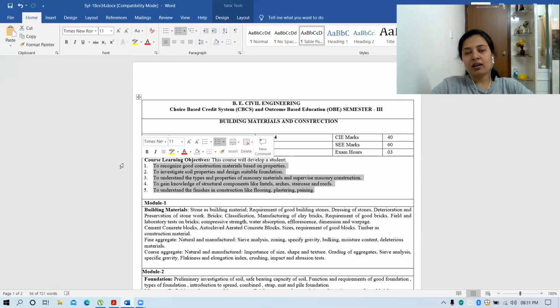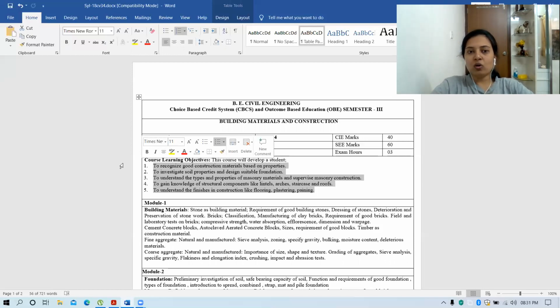And also you should be able to supervise the masonry work. Once you know the right procedure of laying masonry, you can go out and supervise the masonry construction, only if you know the correct procedure. For that, you should learn the subject theory and the terms properly so that you can supervise very nicely.